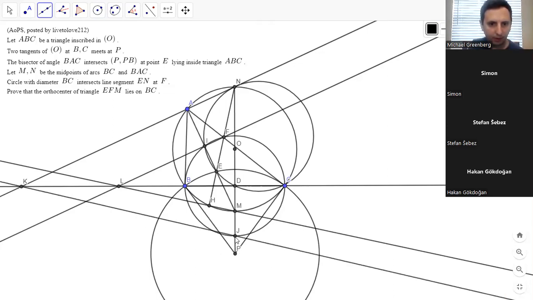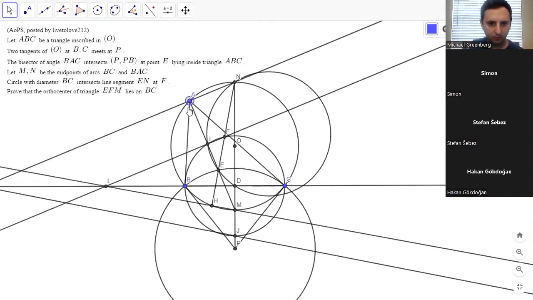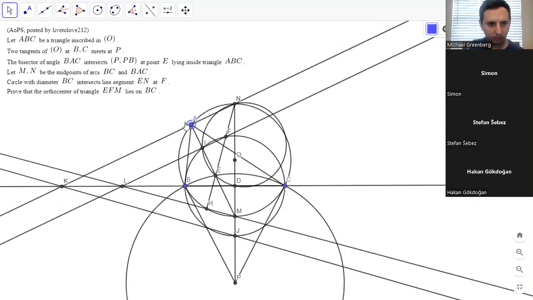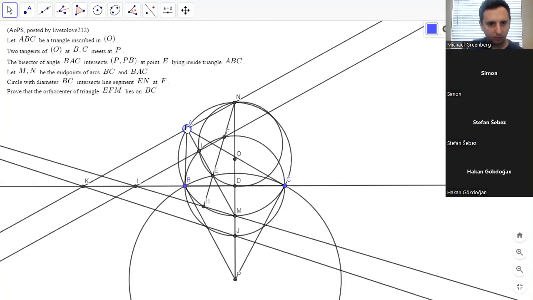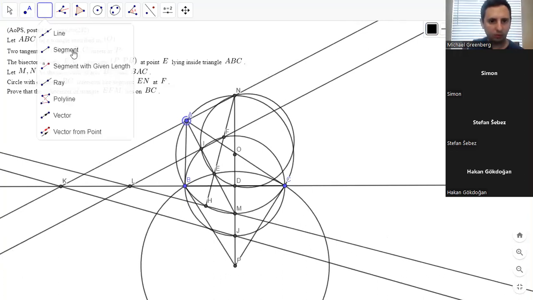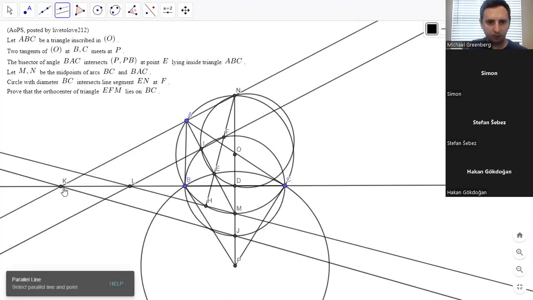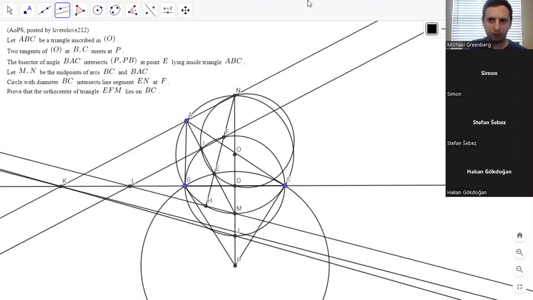Is KJ parallel to those? It almost looks like it is, but I don't think it is. I'll just use this. I don't think it's parallel because it looks right. No, it's not.